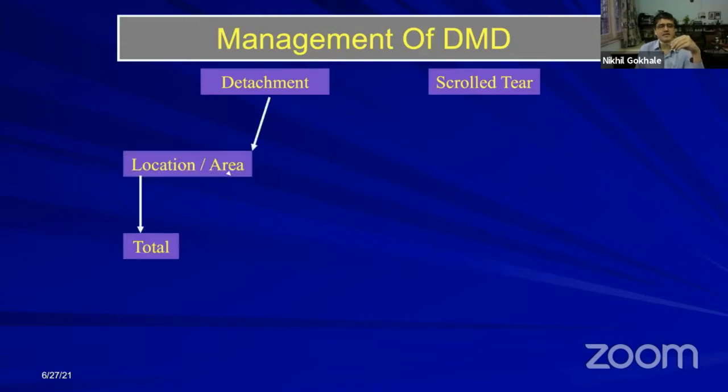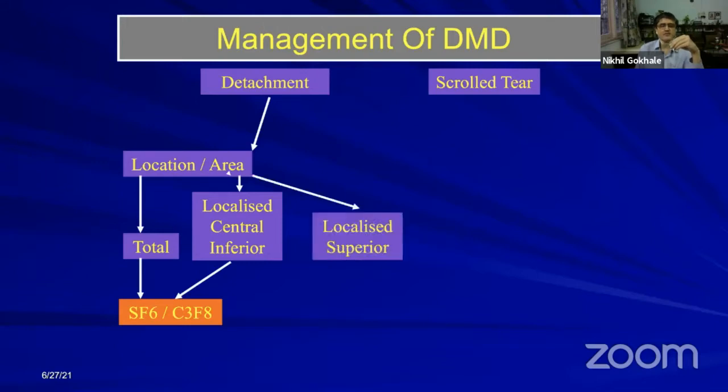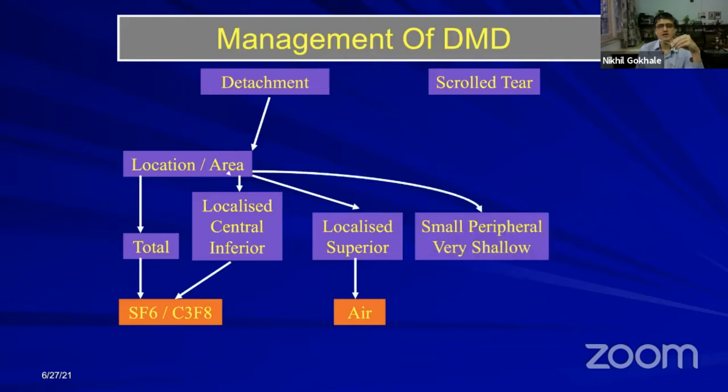Depending if it's a large and total detachment, a non-expansile concentration of a gas air bubble would be the best. Similarly, if there is an edema which involves the central or the inferior cornea, gas bubble would be best. However, if you have superior detachment, an air bubble usually suffices to reattach the cornea.